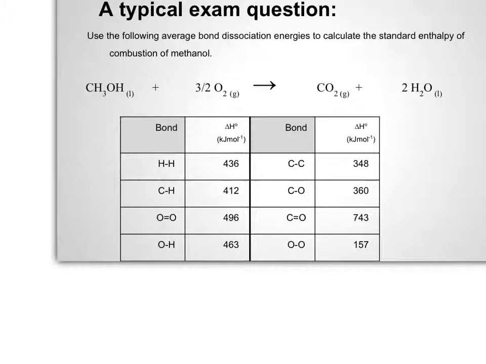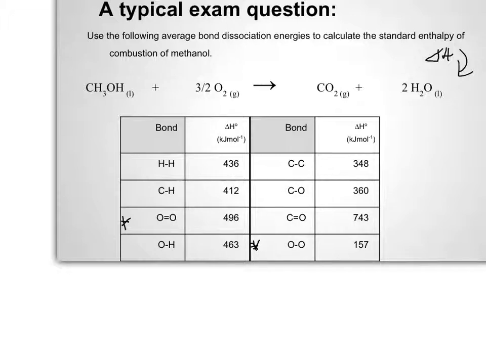So here's a typical exam question. Use the following average bond dissociation energies, or bond energies, to calculate the standard enthalpy of combustion of methanol. So basically they want you to calculate the delta H of this reaction. And they've given us the bond energies, and notice that here the O to O bond is 157 and the O double bond is 496.